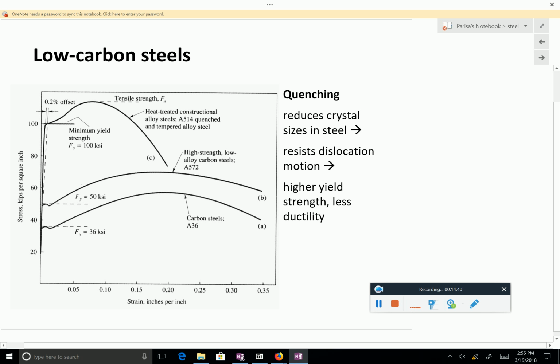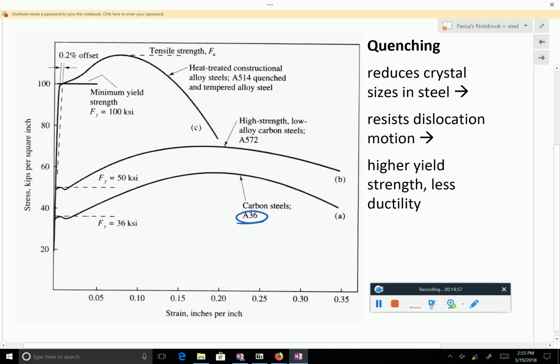So a lot of times, as I told you, the low carbon steels are treated to get higher strength properties. So this plot is important. We are looking here at A36. You see that the ductility is pretty large.